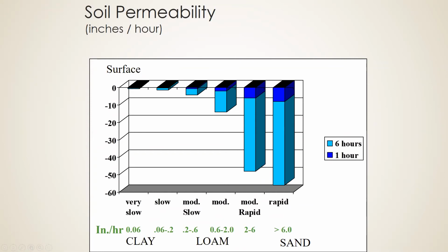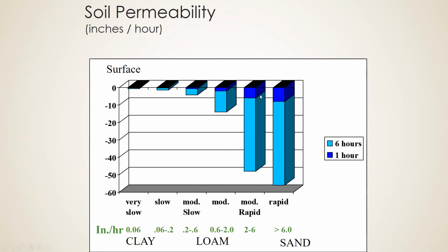On this spectrum from clay to sand, the problem is clay soils are slow to absorb water, but once they do, they hold on to it for a long time. And that becomes the issue. They're not releasing that water, creating anaerobic conditions around roots and soil organisms, which need oxygen.